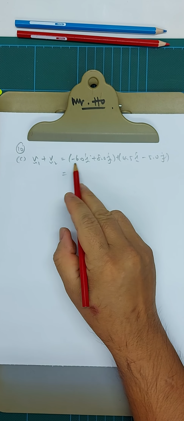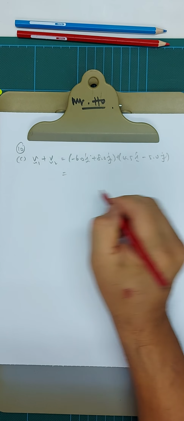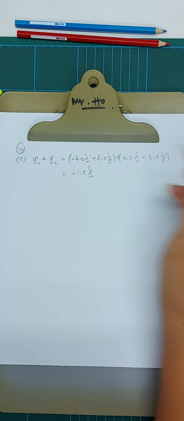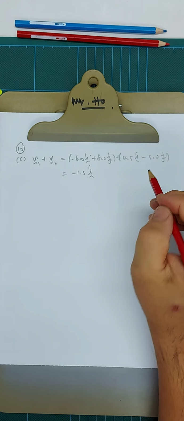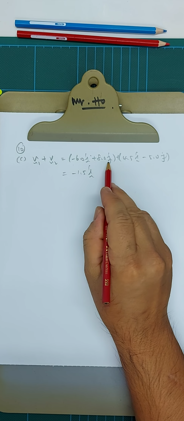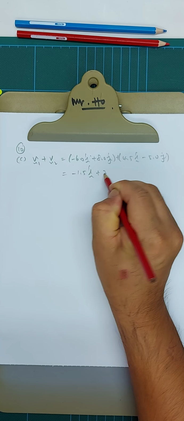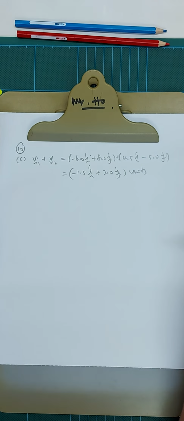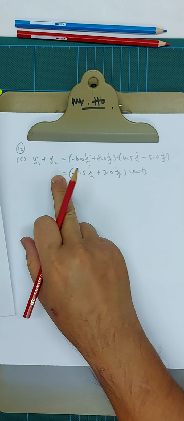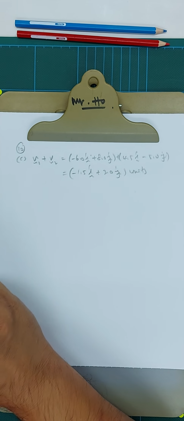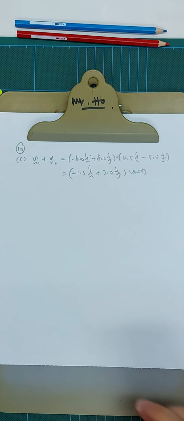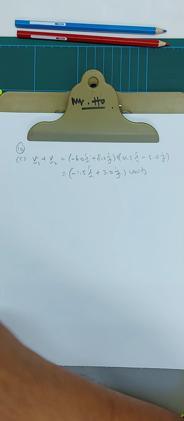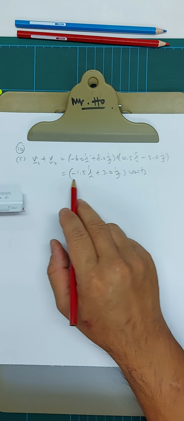Negative 6 plus 4.5, you're going to get negative 1.5i. And then j, 8 minus 5, you're going to get 3.0j units. That is our resultant vector. So now we calculate the magnitude and also the direction. But first we draw this vector. You can calculate like the one before, but I can draw this vector first.